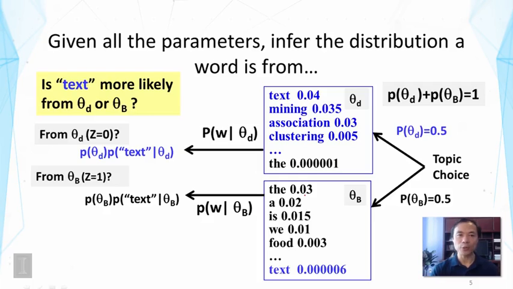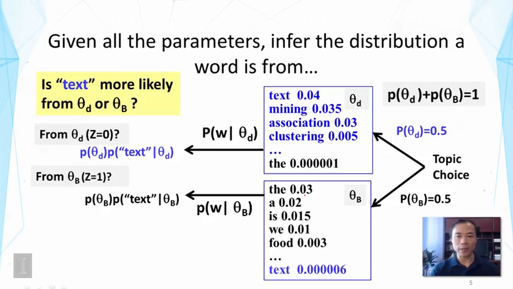Now, we also introduced a latent variable z here to denote whether the word is from the background or the topic. When z is 0, it means it's from the topic, theta sub d. When it's 1, it means it's from the background, theta sub b. So now we have the probability that text is generated from each.